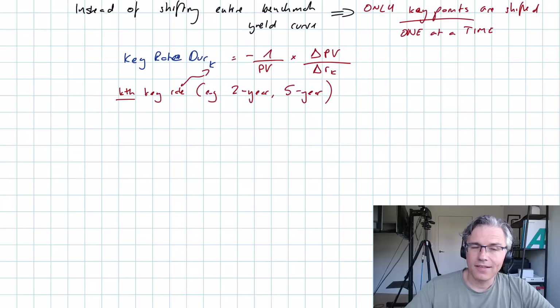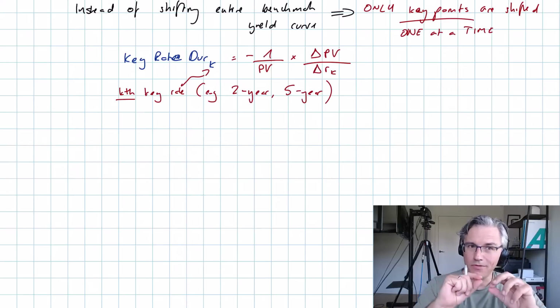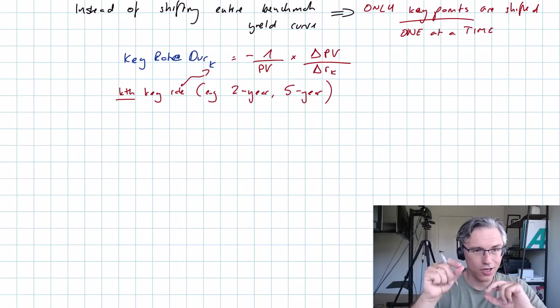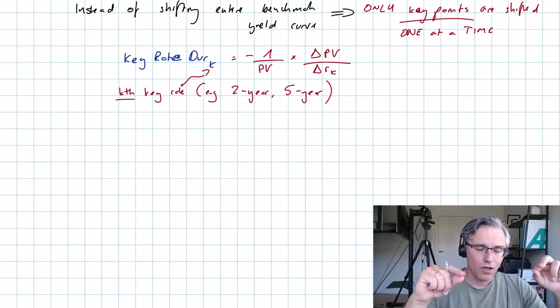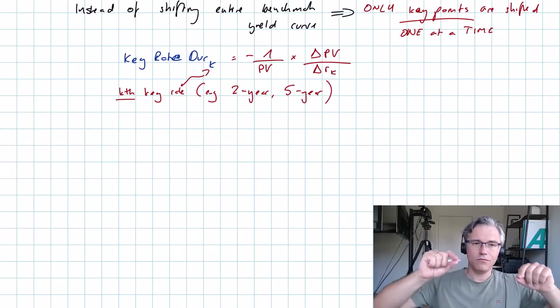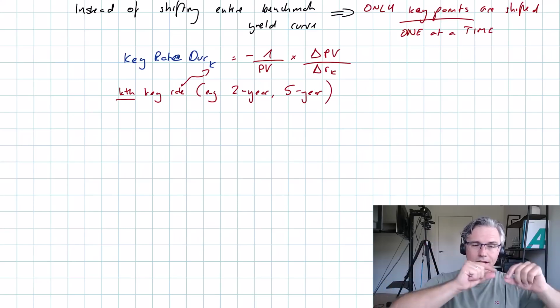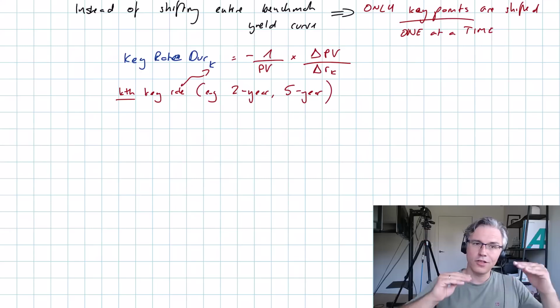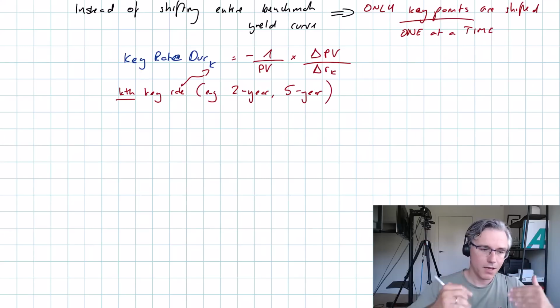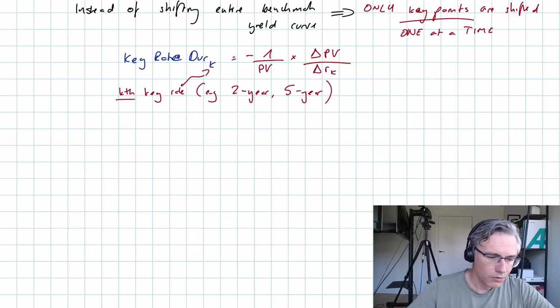But as I said, it allows us to pick up what happens when specific yields change by specific amounts on the curve. And what you can do is change the yields at different key points by specific amounts. And if you were to change them all by the same amount, you would actually get a sum that is equal to effective duration.